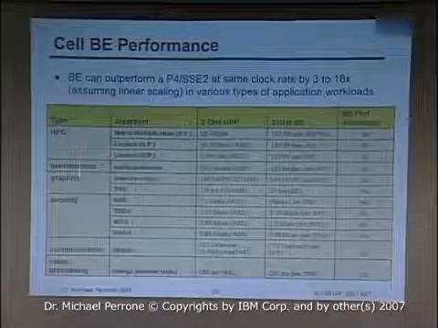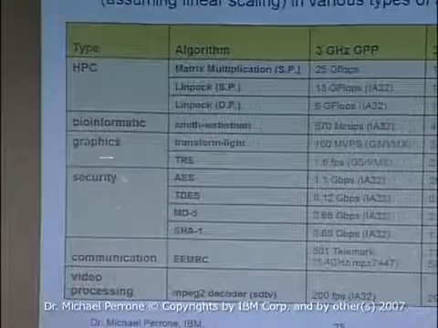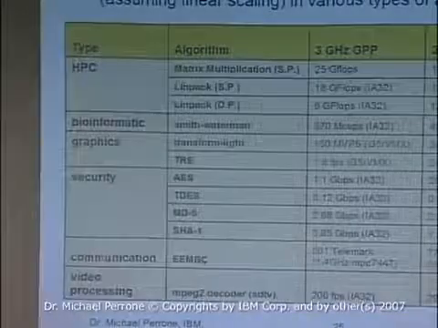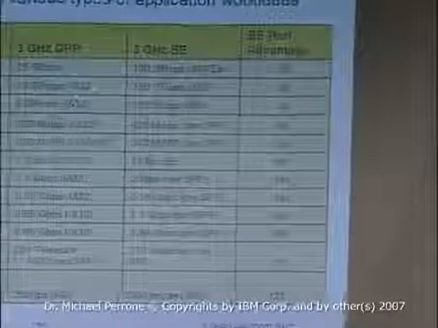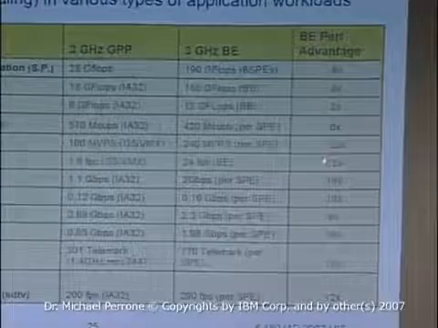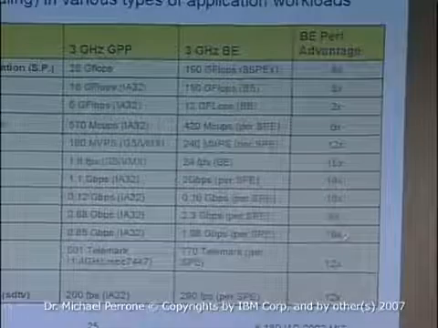This is the type of calculation: high performance computing, like matrix multiplication, bioinformatics, graphics, security. It was really designed for graphics, right? Security, communication, video processing. And over here you see the advantage against an IA32, a G5 processor. And you see 8x, 12x, 15, 10, 18x. Very considerable improvements in performance.